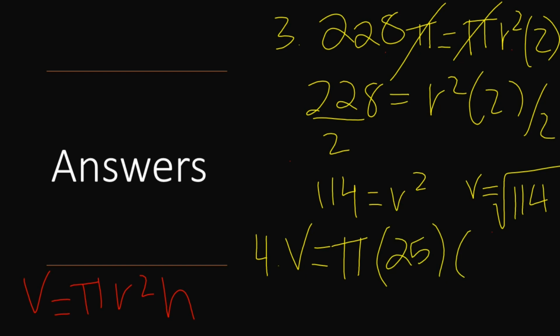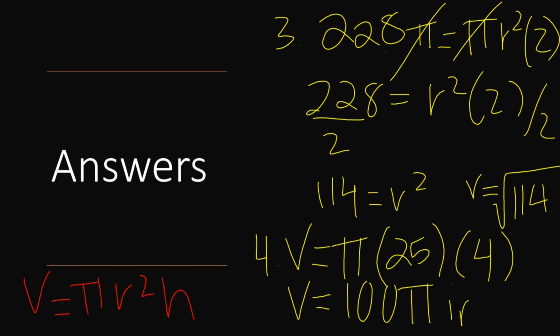And then times your height of 4, which would give you 100 pi, remember inches cubed. You can still keep it as pi, calculator to get more precise, or 3.14. So hopefully you were able to solve these problems and get the concept.